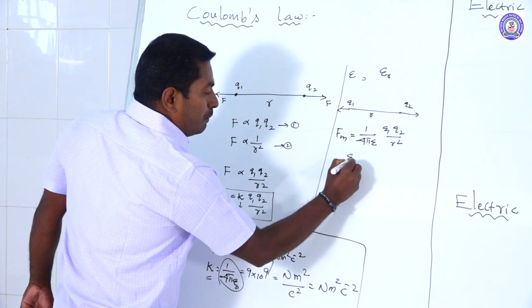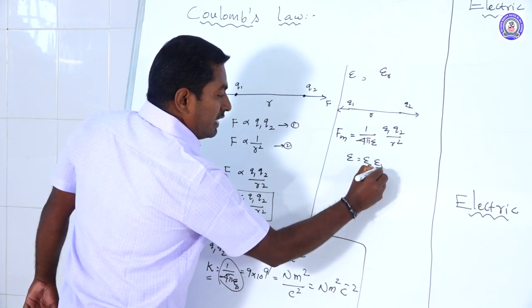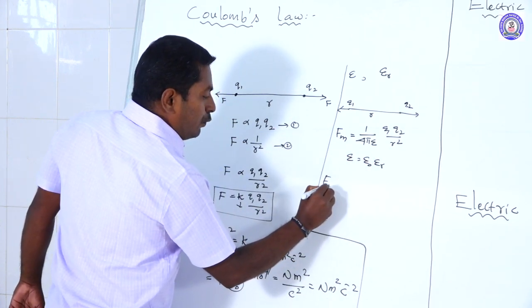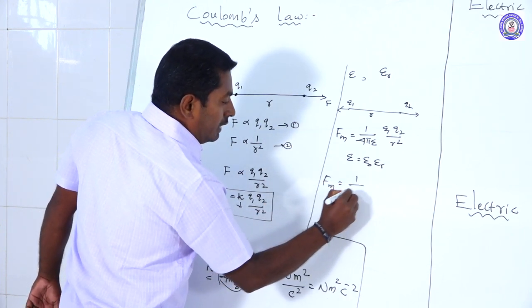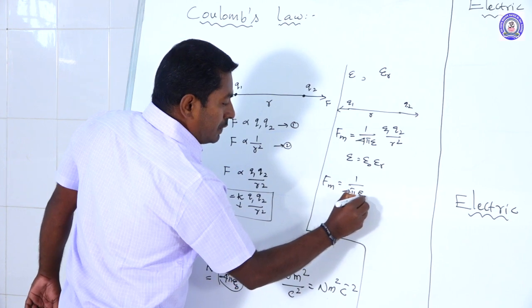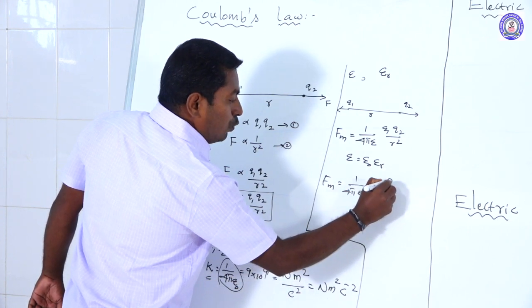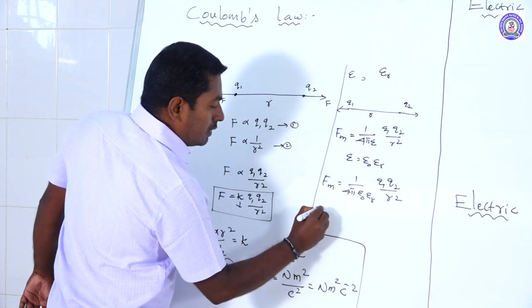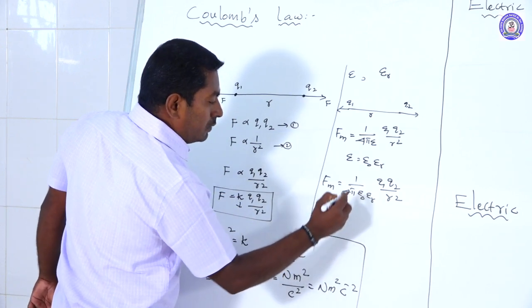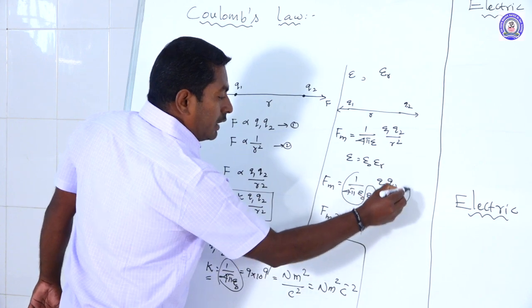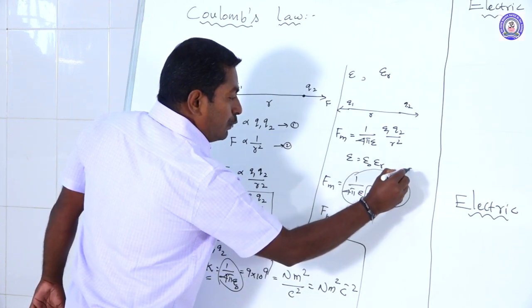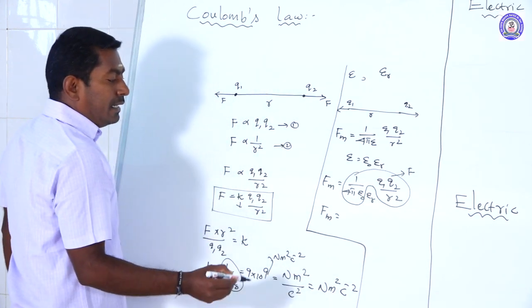Here epsilon is equal to epsilon naught epsilon r. Substituting, the force between the two point charges inside the medium is 1 divided by 4 pi epsilon naught epsilon r Q1 Q2 divided by r square. Then F1 is the force between the two point charges in the medium.